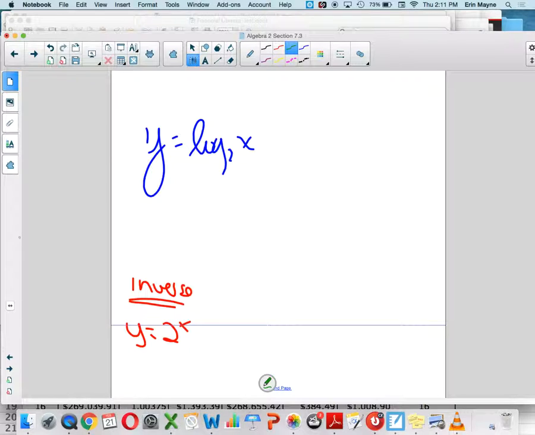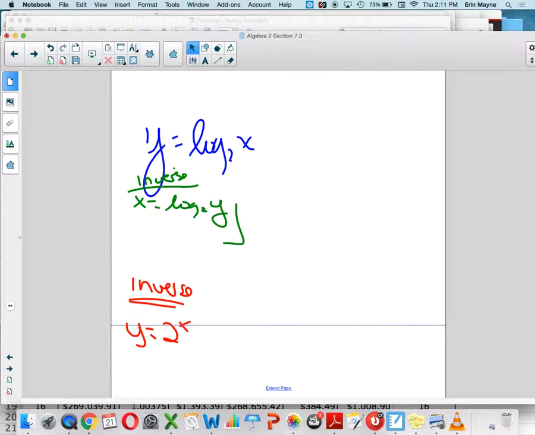So we're going to depend on our algebraic process, which says, what do I do if I want to find the inverse? I first switch x and y and solve for y. How do I solve for y? This is not really the Snell method, but it's something like it.